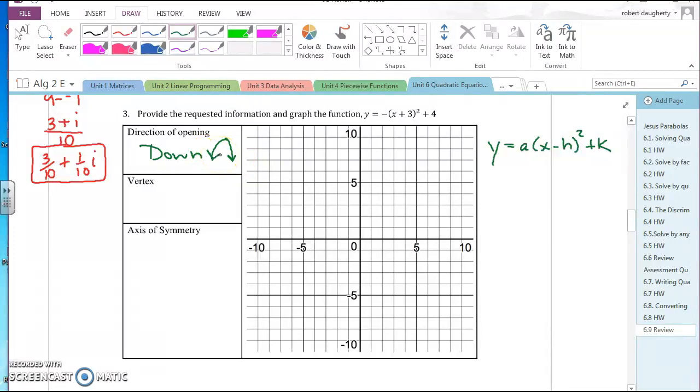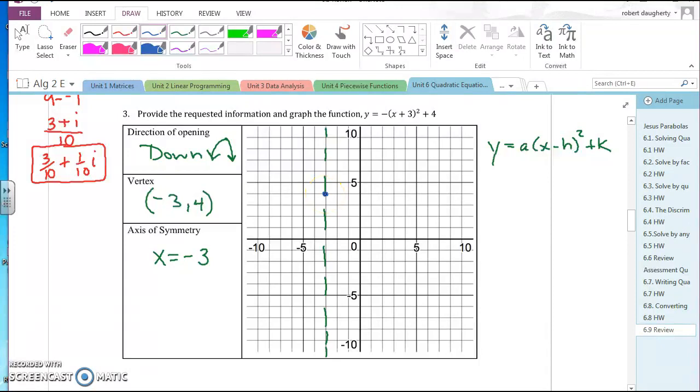The vertex is going to be negative 3, 4. The axis of symmetry is x equals negative 3. So if I go over to negative 3, that's the axis of symmetry that I'm drawing right now. Axis of symmetry, and negative 3, 4 is going to be the vertex.